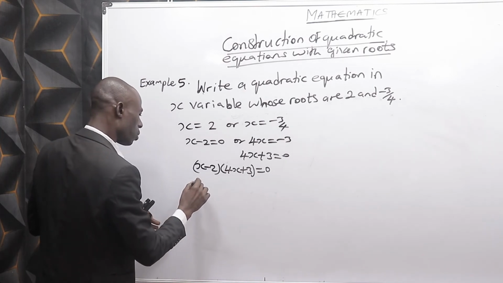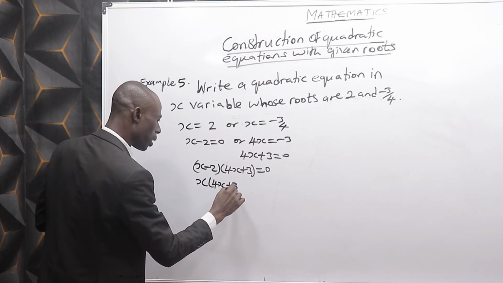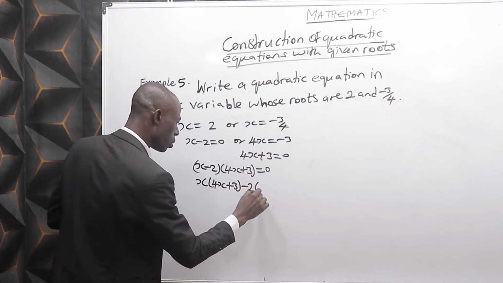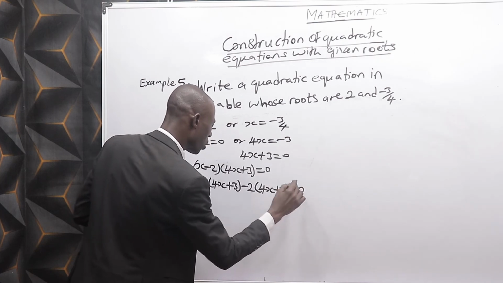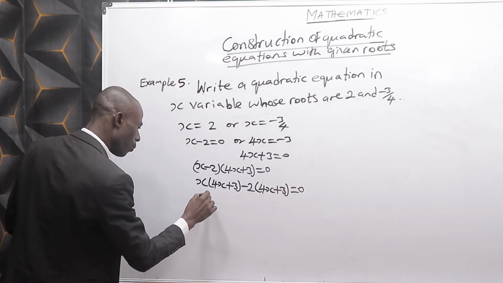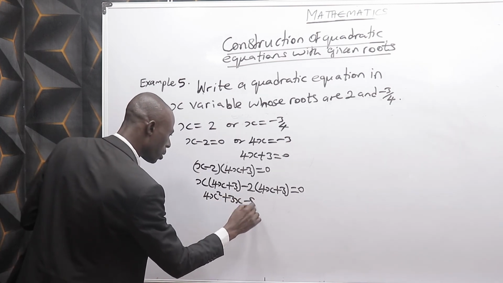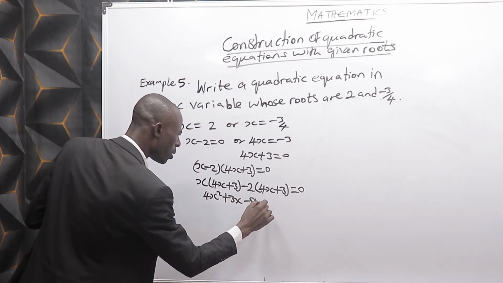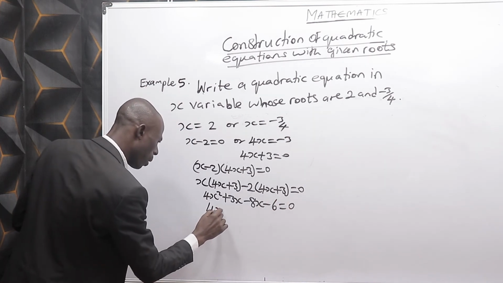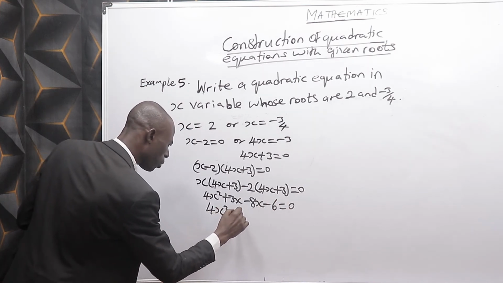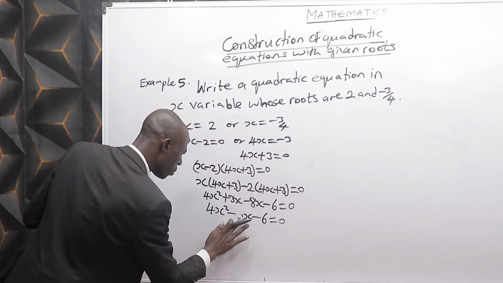Opening the bracket, you have x into 4x plus 3 minus 2 into 4x plus 3 equals 0. 4x squared plus 3x minus 8x minus 6 equals 0. 4x squared minus 5x minus 6 equals 0.